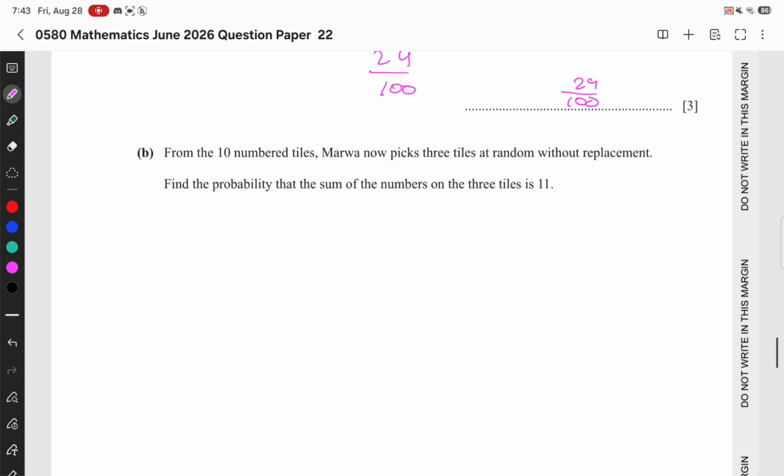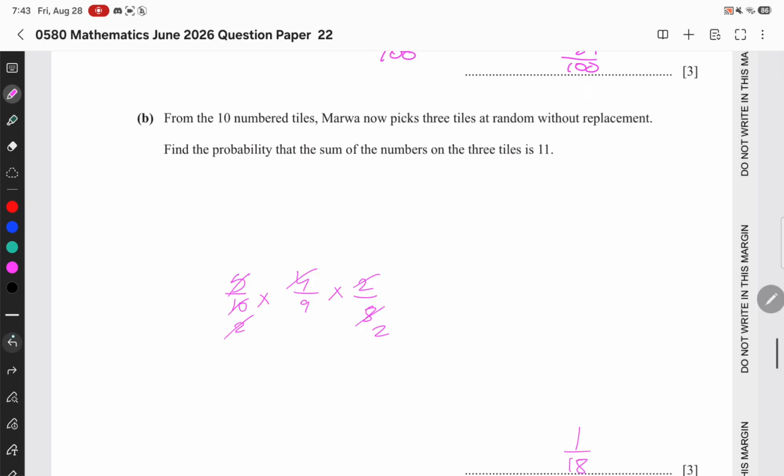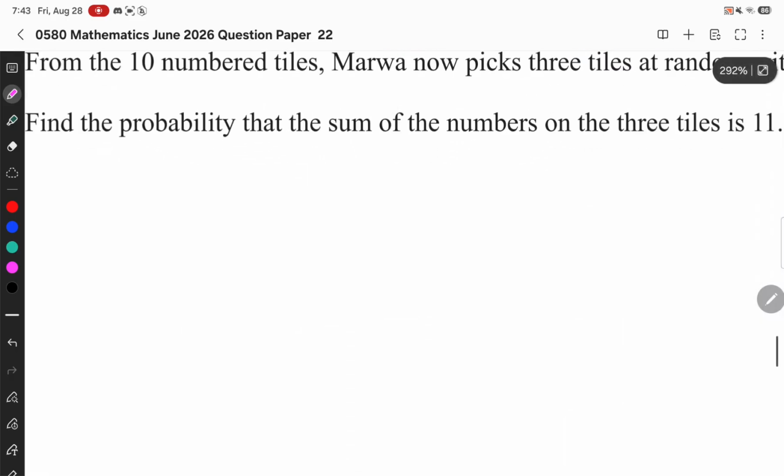How? The sum of the numbers on the 3 tiles is 11. There's not even any guidance. Yes, this is correct partially, but you have to multiply by k to get 1 over 6 as the correct answer. So this is 2 times.